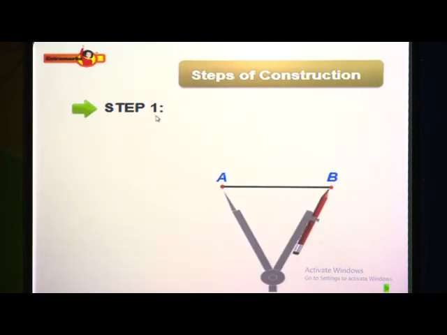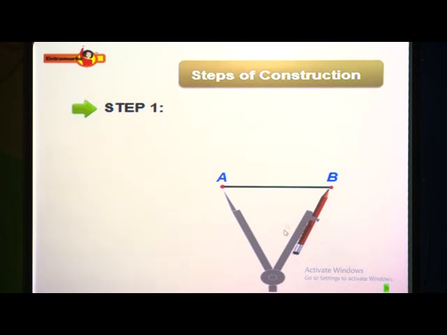Steps of construction. So what is the first step? We know that AB is of length 4.5 centimeter, and we have taken a compass and selected the length AB, that is 4.5 centimeter.